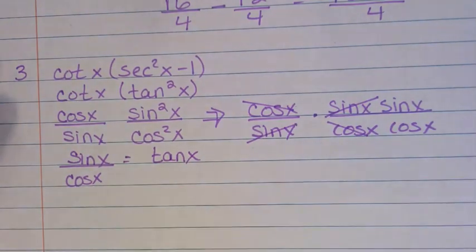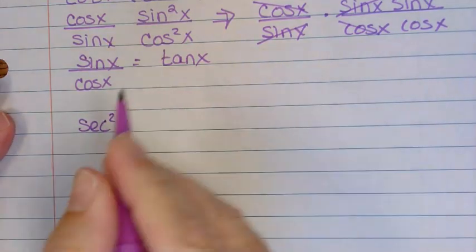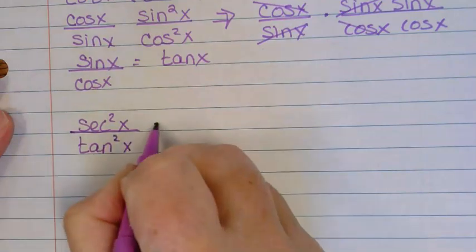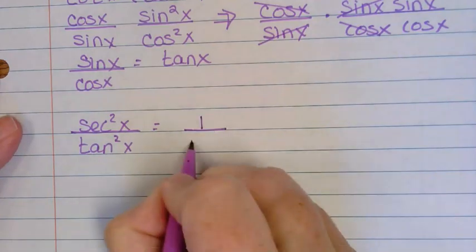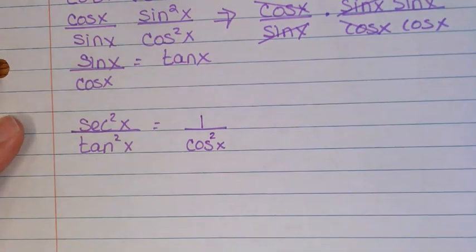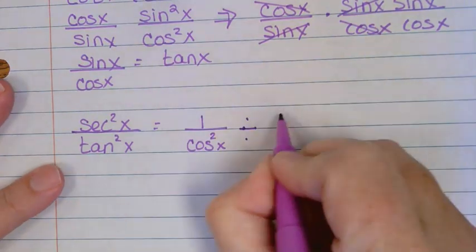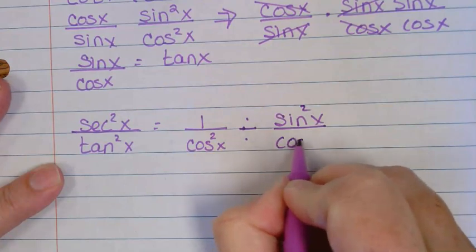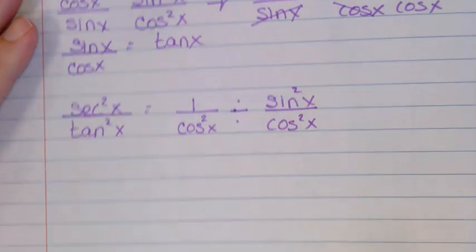Okay. Next one is secant squared x over tangent squared x. So secant is 1 over cosine. But because it's squared, it's going to be 1 over cosine squared. And then divided by tangent, which is sine squared over cosine squared. Here we're going to have to keep, change, then flip.